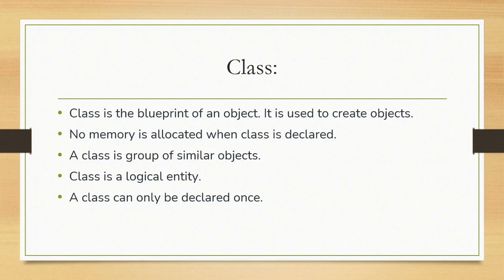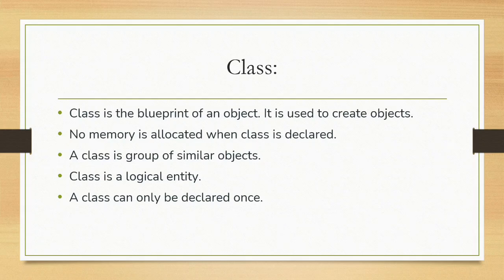We don't need to create it. Examples are Scanner, Console, System, String, Math. Now what do you mean by user-defined class? As the name suggests, these are classes which are created by ourselves. The classes which we create are known as user-defined classes.